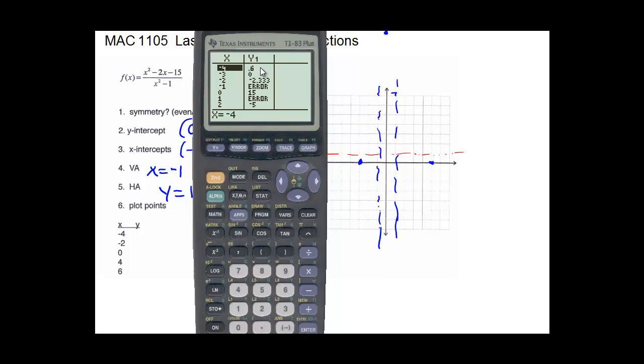So -4 is 0.6. -2 is -2.3. 0 is 15. 4, we'll use our arrow button. -0.46, so about -0.5, and 6, 0.25. All right, so I'm going to move the calculator so that I can write on the screen.